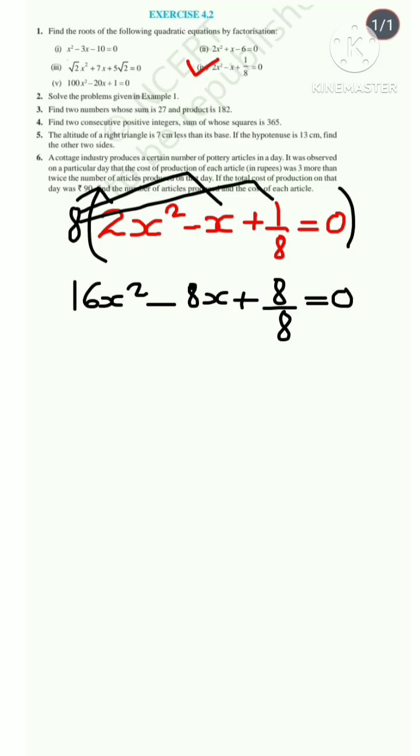Now here 8 ones are 8, 8 ones are 8, right? Then our new equation will be 16x square minus 8x plus 1 equal to 0.